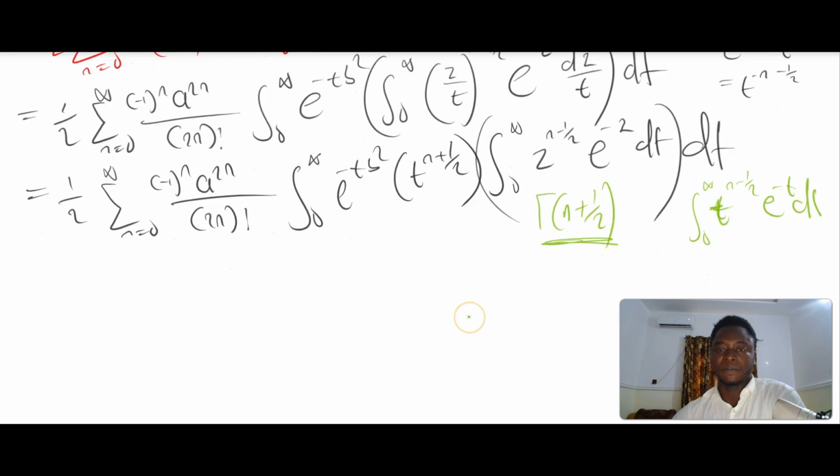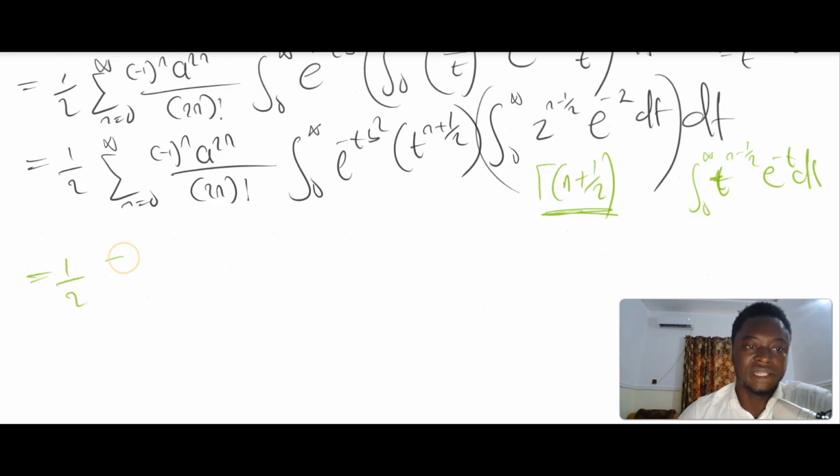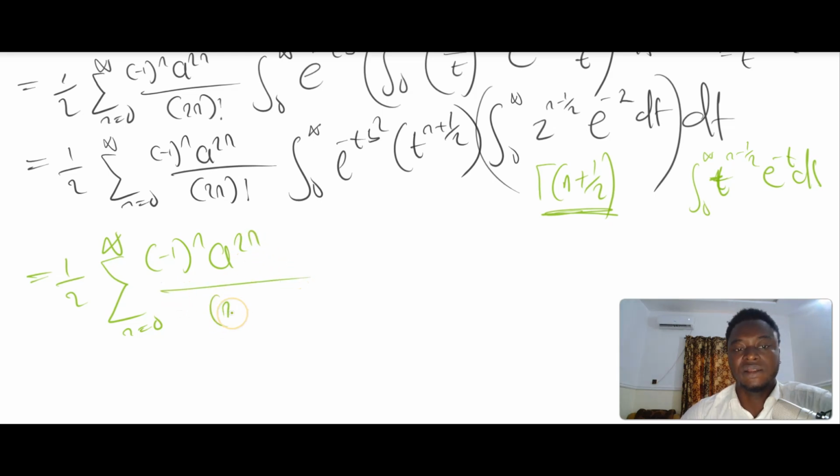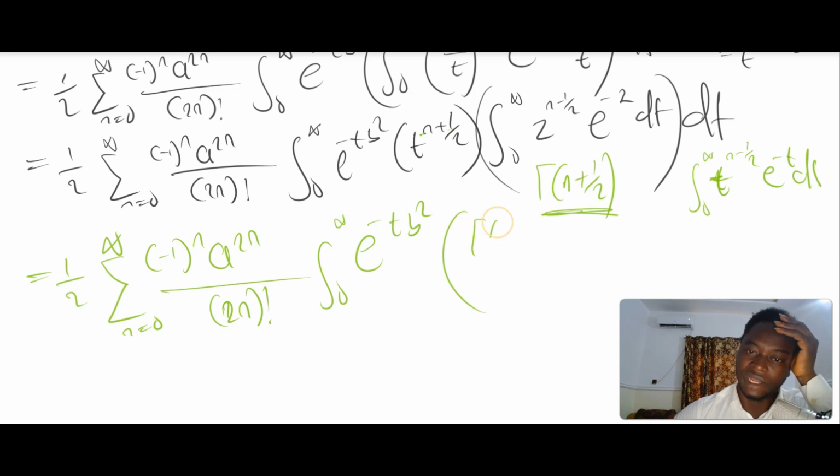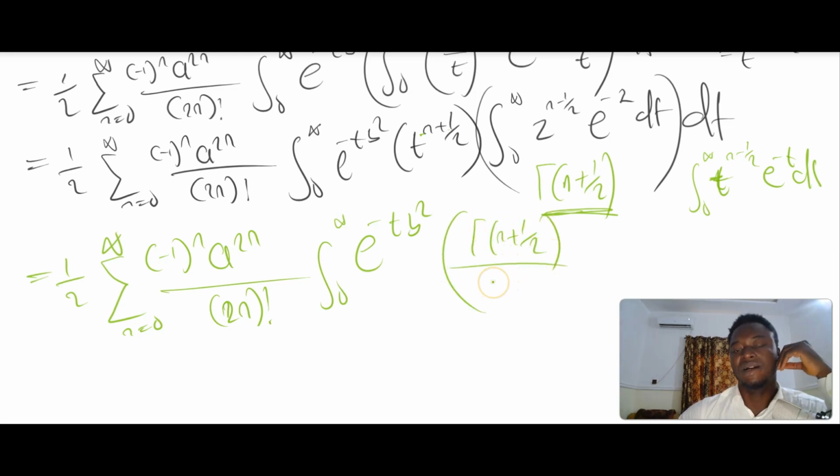So you would have half times the sum as n runs from 0 to infinity of negative 1 to the n a to the 2n divided by 2n factorial times the integral from 0 to infinity of e to the power of negative tb squared times, wait, this is actually a negative and a negative, so I'm supposed to have gamma of n plus half all divided by t to the power of n plus half. Yeah, I'm supposed to have this dt.